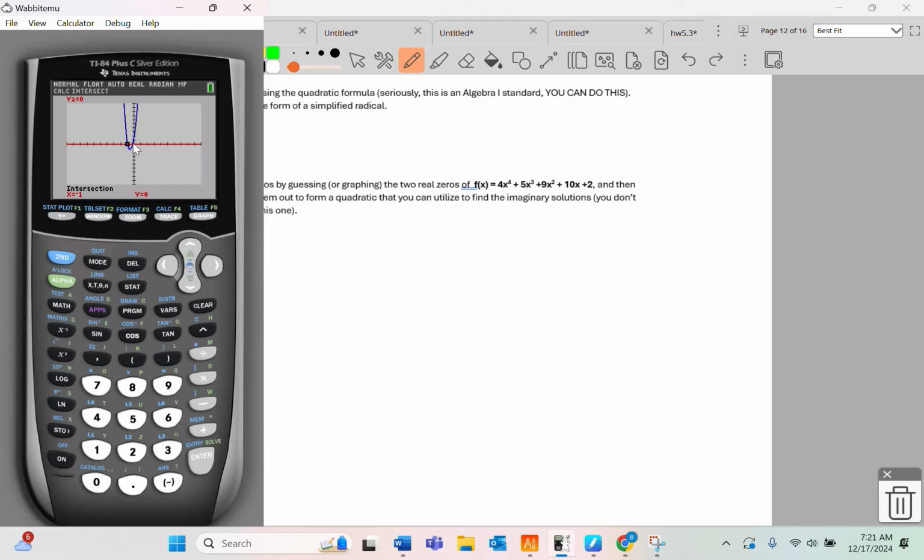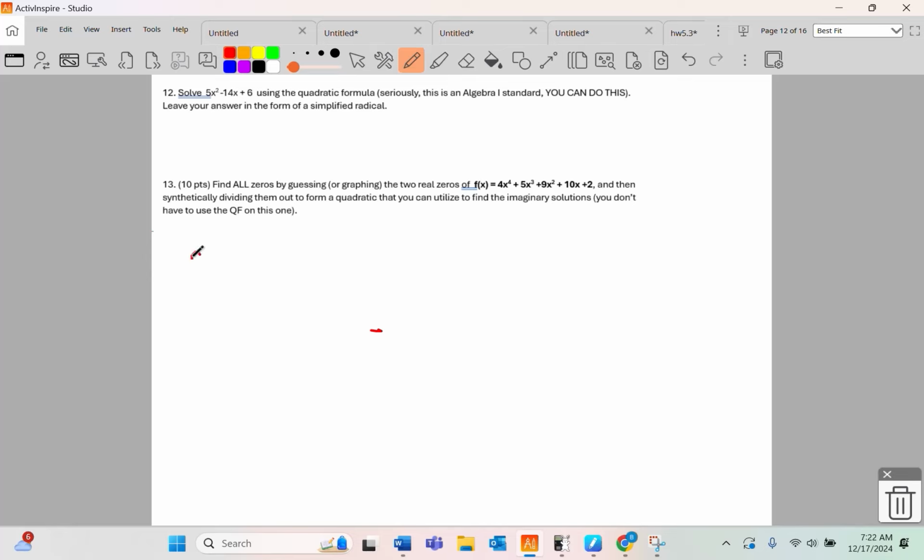I'm pretty sure that one is something like a quarter or a third. Sometimes we just have to use the intersect feature. Get close, press enter 3 times. Yeah, it's -0.25. So those are from the graph. So from the graph, x equals -1 and -0.25, which by the way is -1/4.